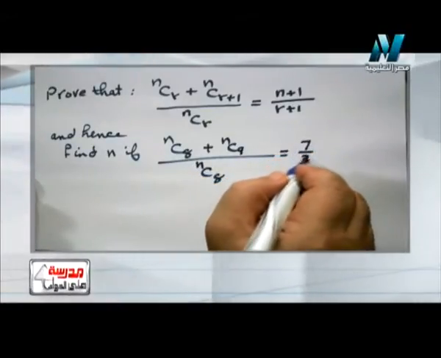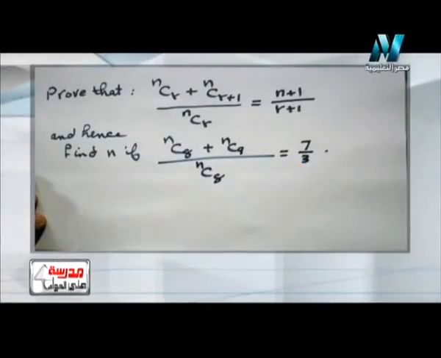My dear, firstly, to prove that (nCr plus nCr+1) over nCr equals (n+1) over (r+1), and hence use this as a law to find n if (nC8 plus nC9) over nC8 equals 7 over 3.